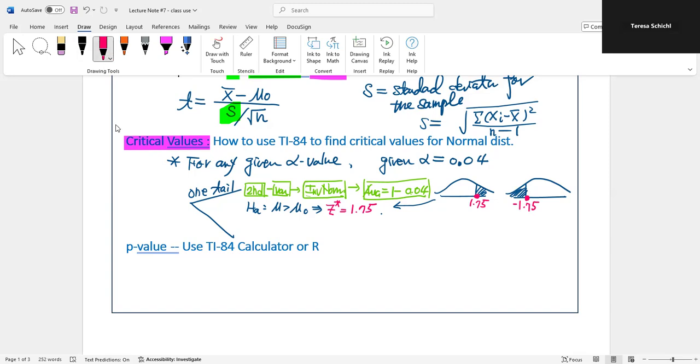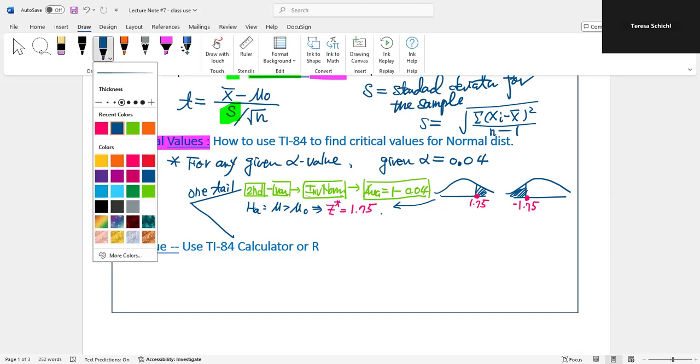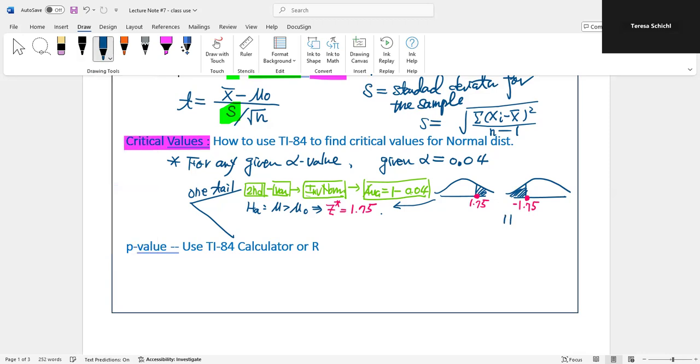That is why you need to be very careful. This depends on your alternative hypothesis, which here is mu is less than mu 0.